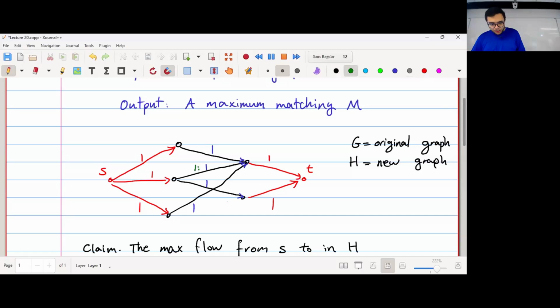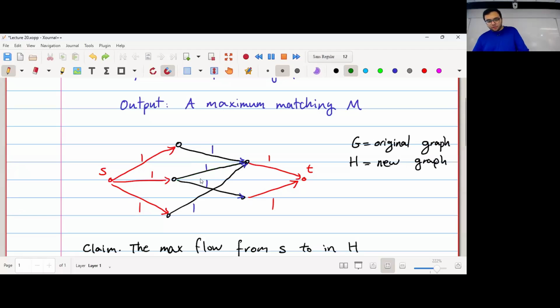I've sent a flow of 1 through this edge, and I've also sent a flow of 1 through this edge. But where did this flow come from? It has to come from this edge, from S to this starting point. But I can send at most 1 unit of flow here, so I cannot magically suddenly have 2 units of flow going out.